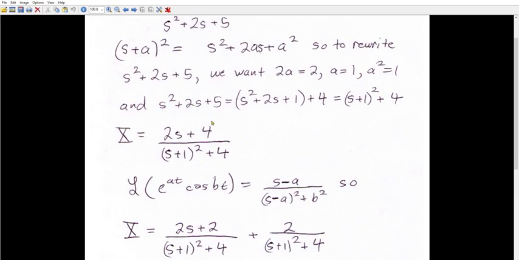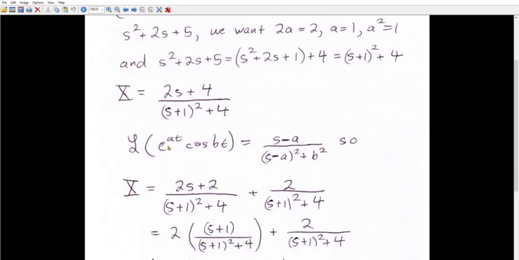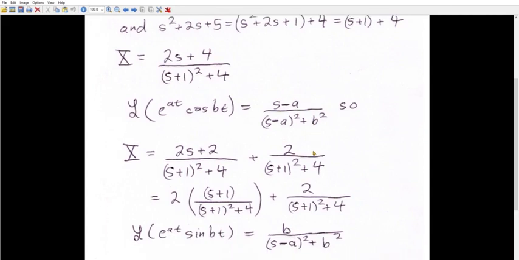And we end up with capital X is (2s + 4) over (s + 1)² + 4. Now, this denominator is looking a lot like a shift for sine or cosine, and indeed, the Laplace transform of e^(at) cos(bt) is (s − a) over ((s − a)² + b²). So s − a is clearly here s + 1.